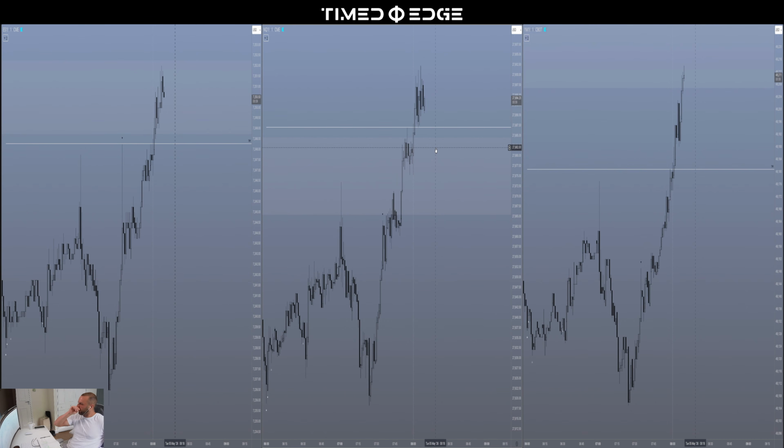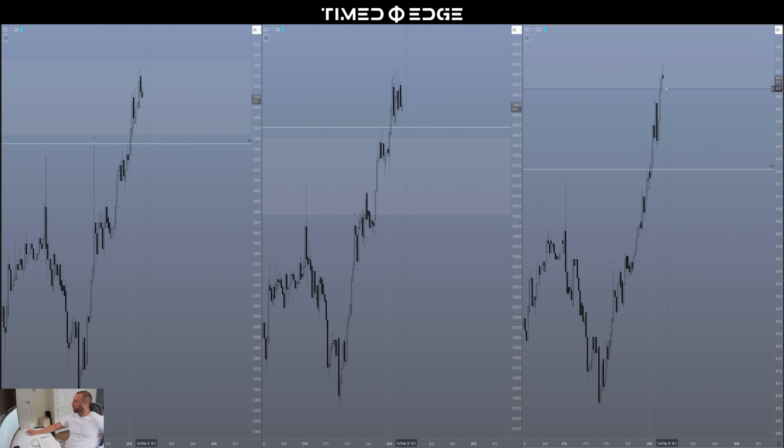YM just keeps pushing up. Seeing that over there, the price action just keeps pushing up.